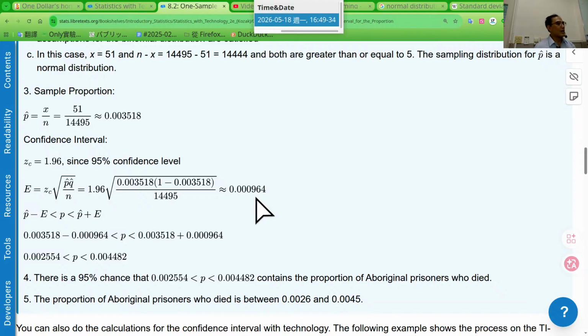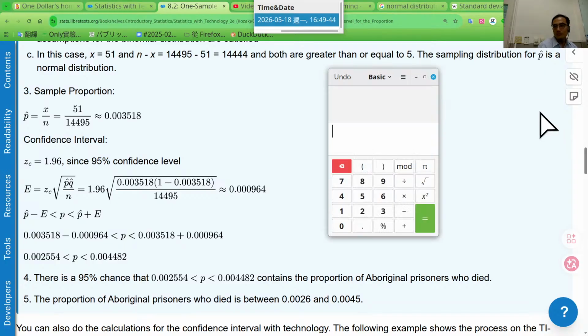Excuse me, can you calculate this by calculator? Let me show you. 1.96 times square root of 0.003518 times 1 minus 0.003518, then divided by 14,495. I know it's really ugly, but next week I will tell you how to find the confidence interval calculator.